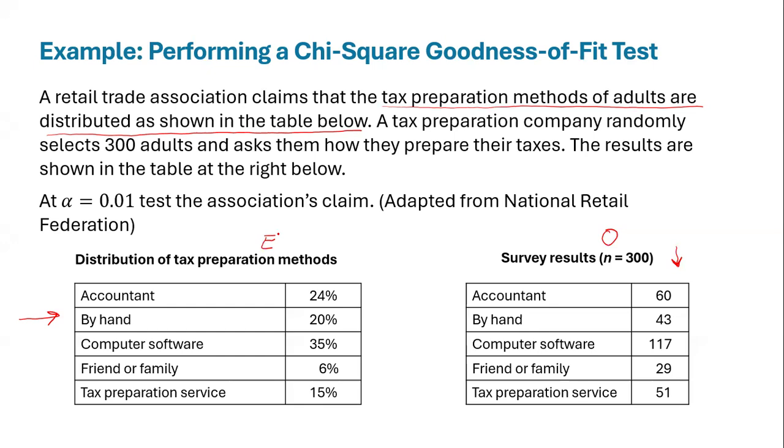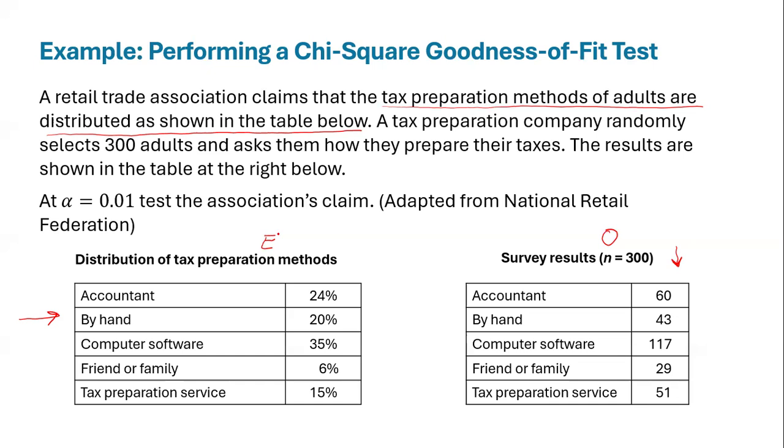Anytime we want to see if the result from the sample fits the claimed distribution, or fits the result from the previous studies, we use a goodness of fit test. And for a goodness of fit test, I need to have both the observed and expected frequency first.